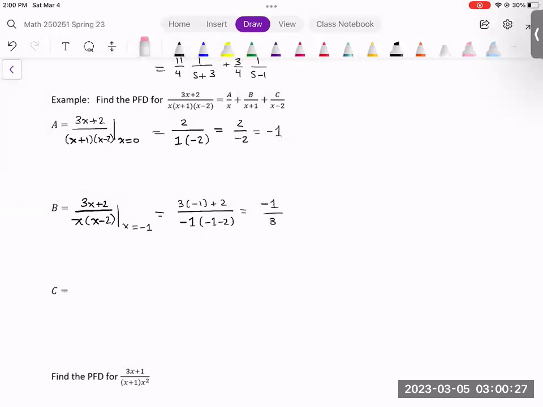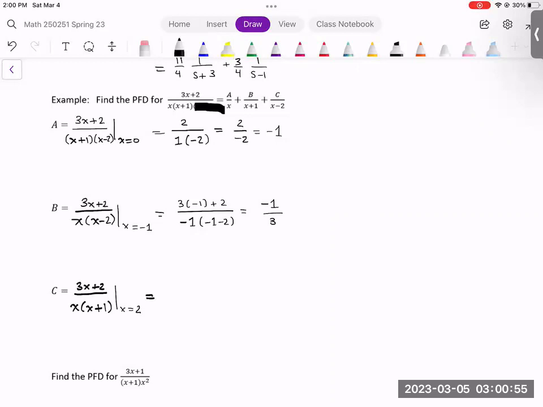And then finally we have this c term. Okay. So we are going to be looking first at where the denominator is equal to 0. So that's at x equals 2. We're going to cover up the x minus 2 term and everything else. We're going to be plugging in x equals 2.